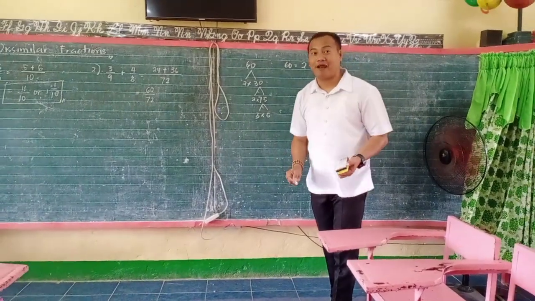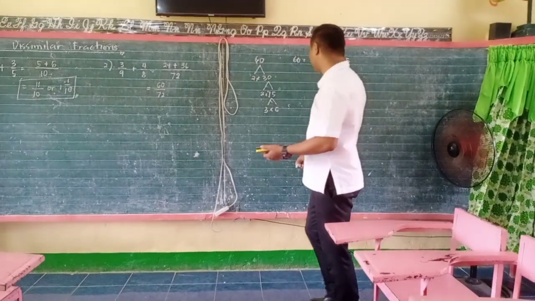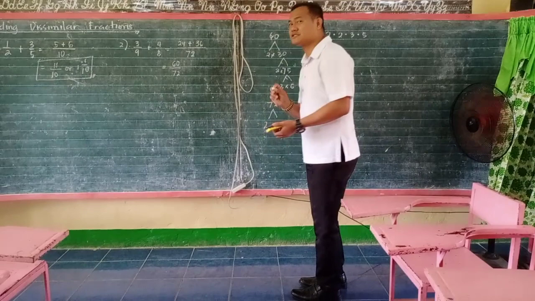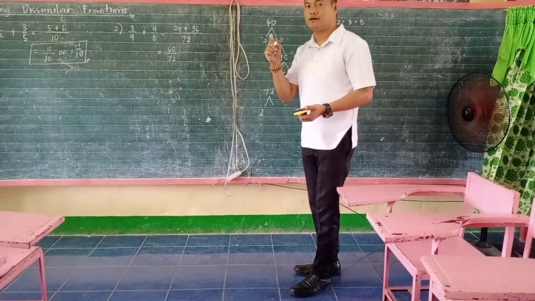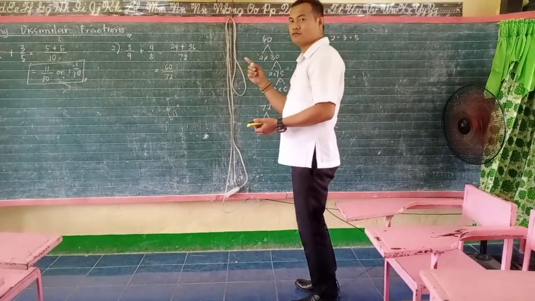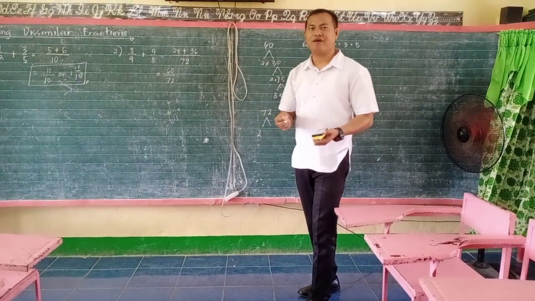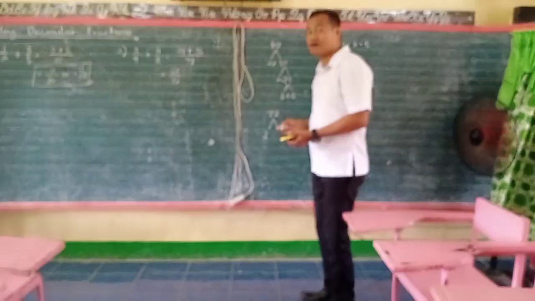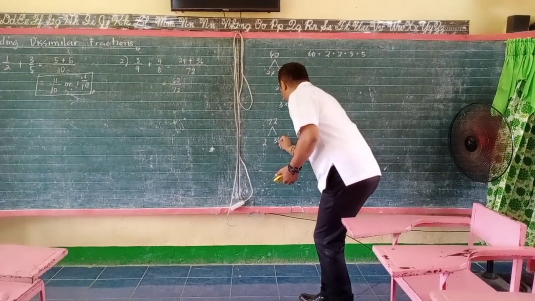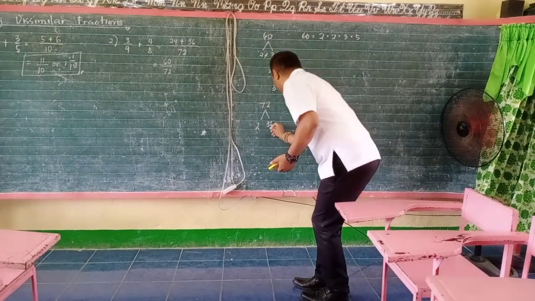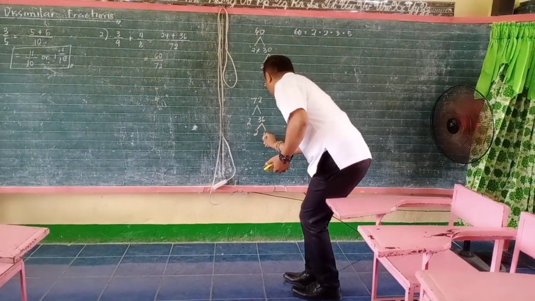We have to determine the prime factors also of 72. What are the prime factors of 72? We have 2 times 36, but still we can find the prime factors of 36. These are 2 times 18.